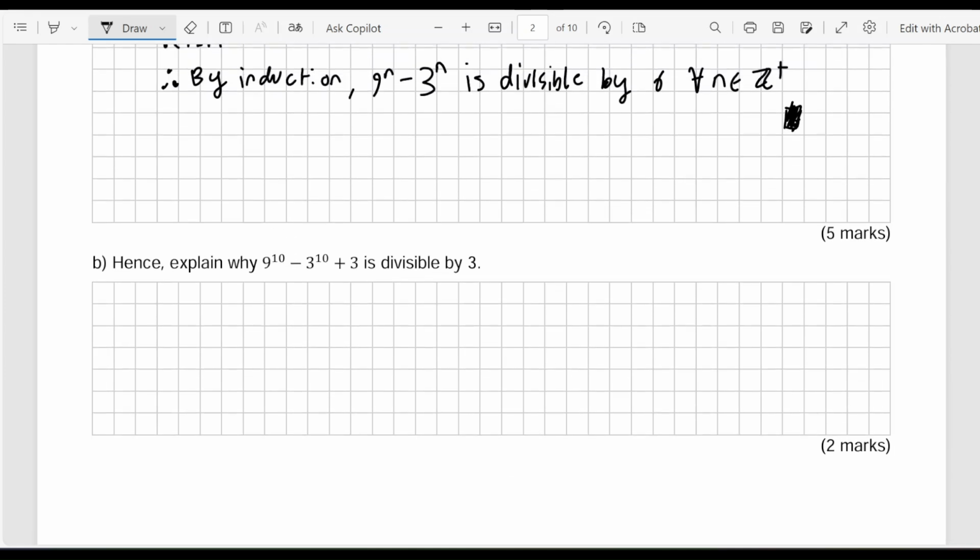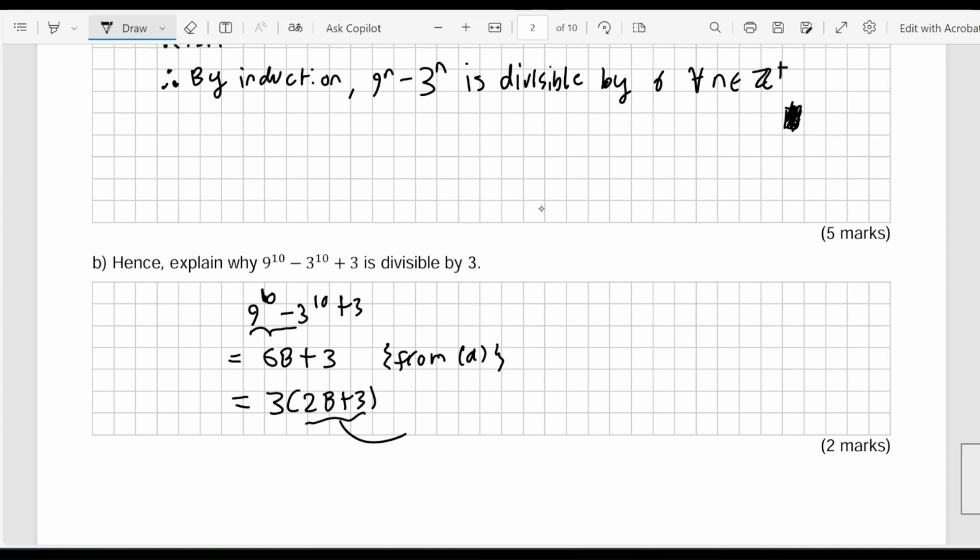Hence explain why that thing is divisible by 3. So 9 to the 10 take 3 to the 10 plus 3 is, now we can write this first thing as 6b from the proof that we did in part A. So it's 6 times something. So this is 3 lots of 2b plus 1. This thing here is a whole number, as b is a whole number.